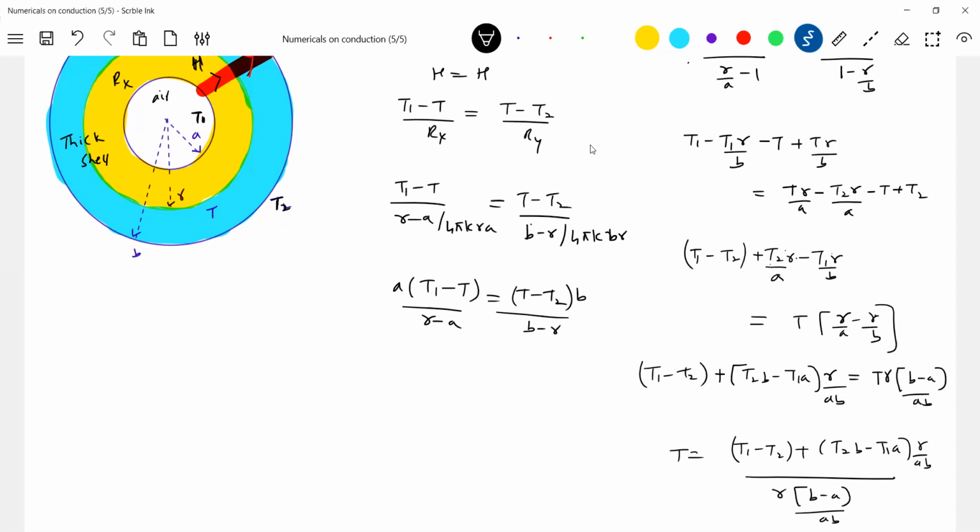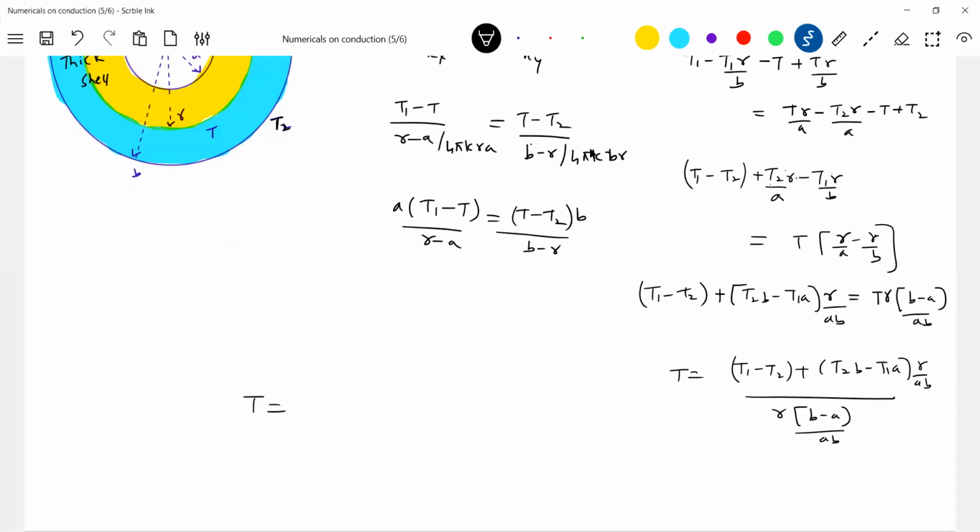This ab, if you want, you can eliminate also. Yeah, I'll write the last step. So T1 minus T2 ab. Okay, check this. So this will be our expression, or you can write it in terms of T1 also.